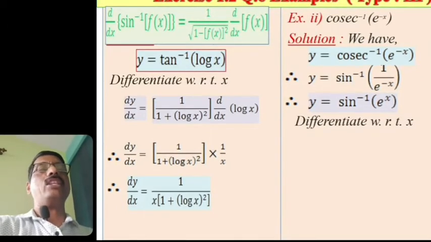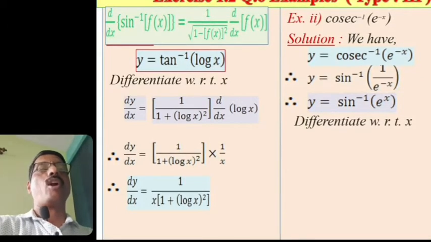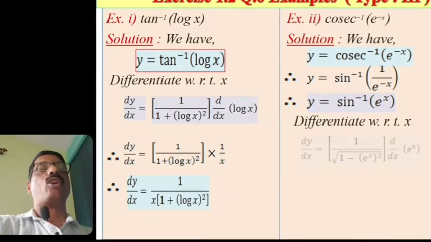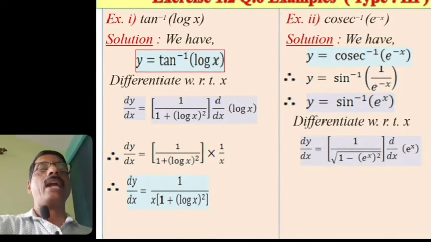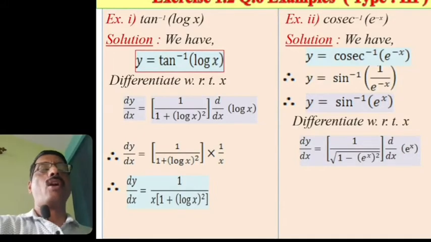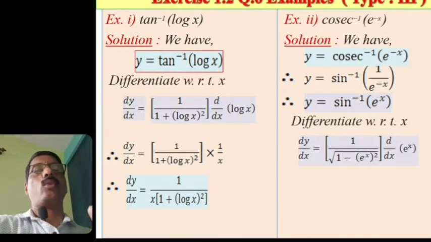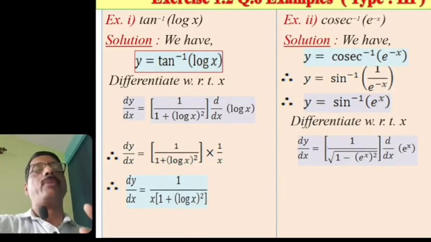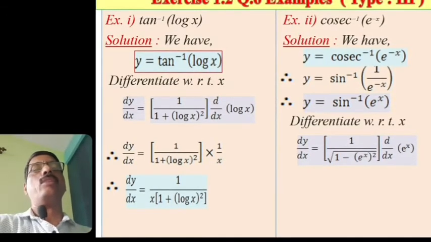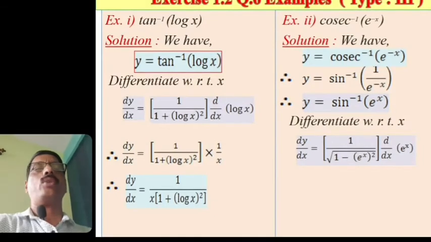Okay, by applying this formula, here f of x is e raised to x, and therefore the derivative of the given function becomes dy by dx equal to 1 upon root of 1 minus e raised to x bracket square into d by dx of e raised to x. Now implement the formula of derivative of e raised to x.